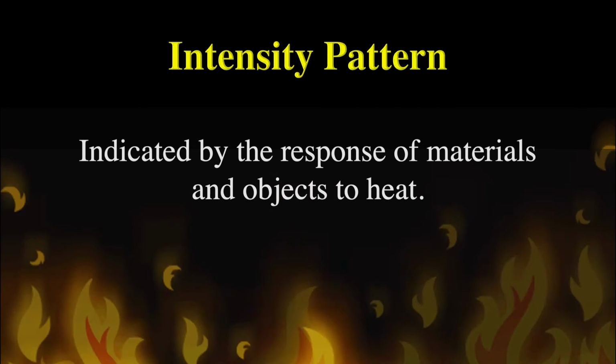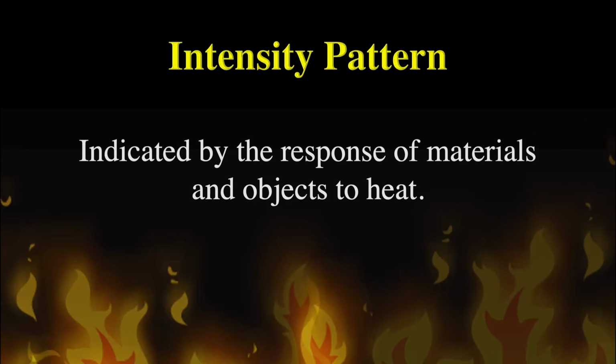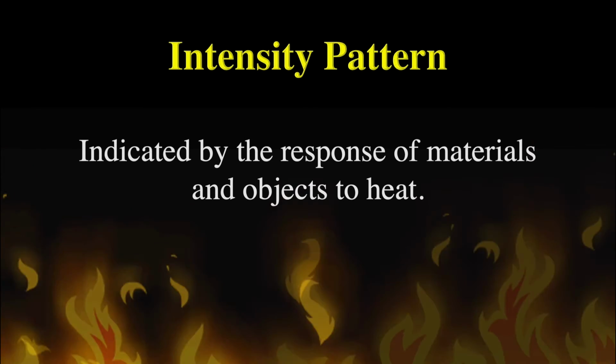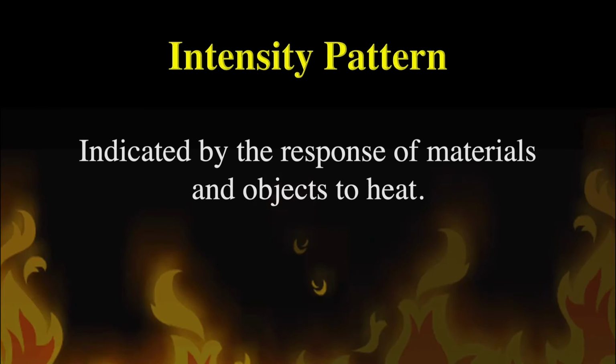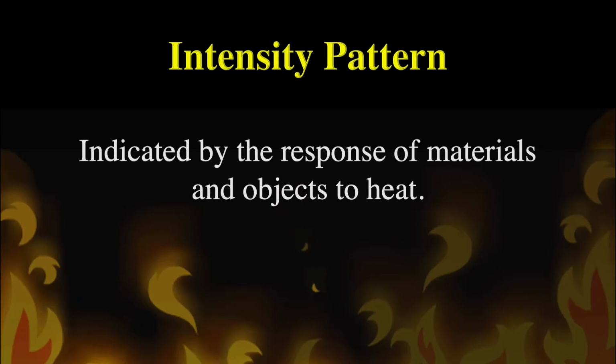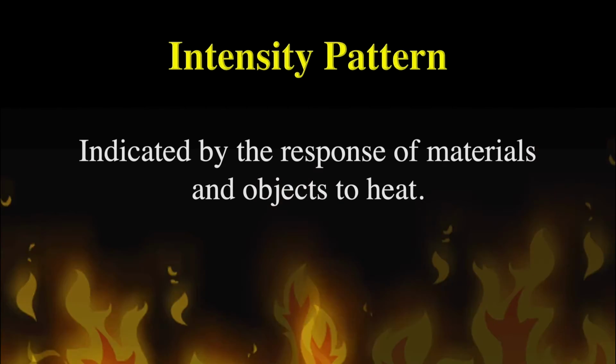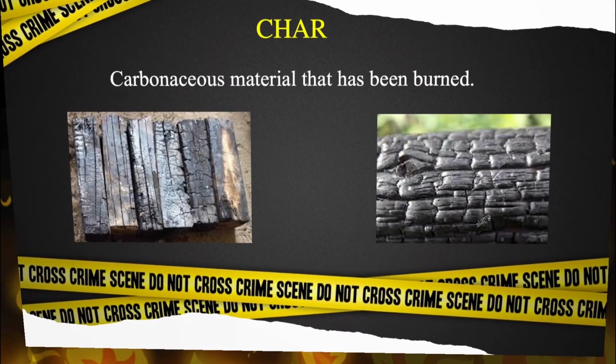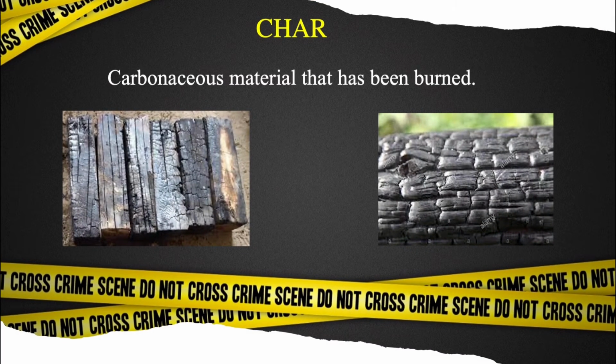Intensity pattern. Intensity pattern is indicated by the response of material and objects to heat. There's a lot of types under the intensity pattern. Firstly, char. Char is a carbonaceous material that has been burned.